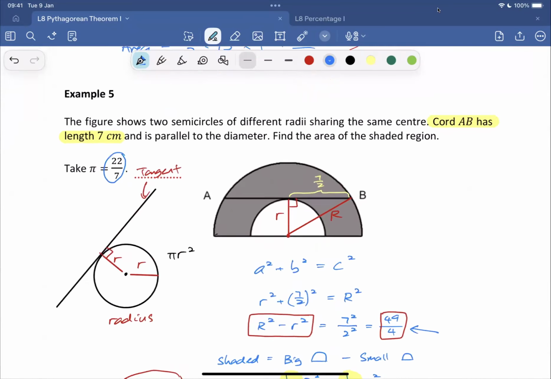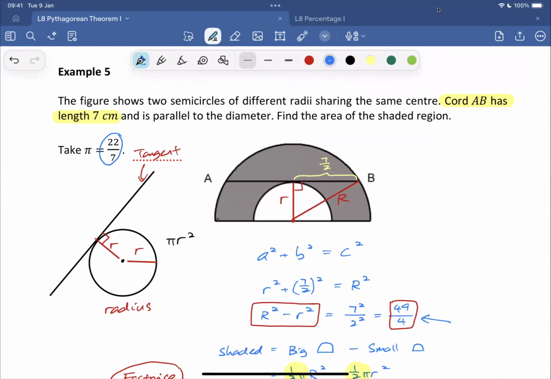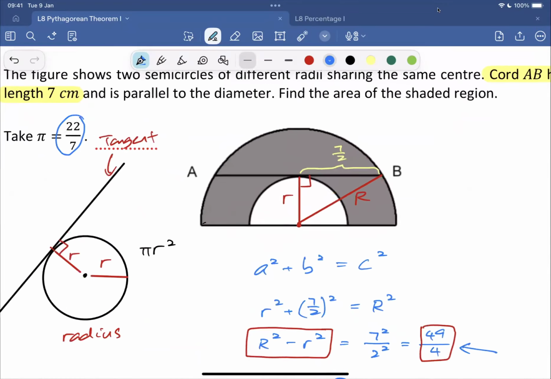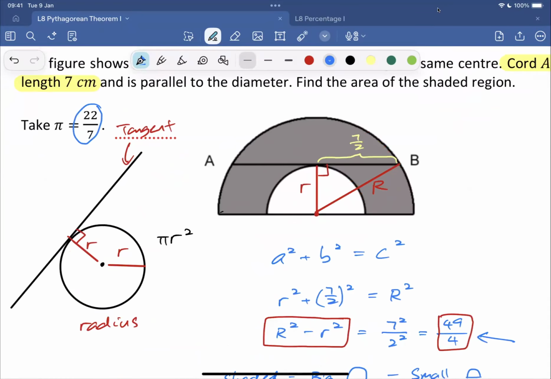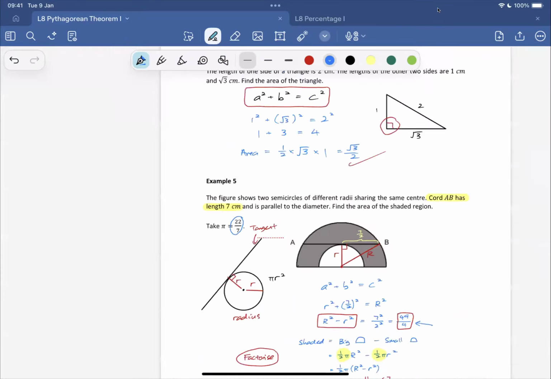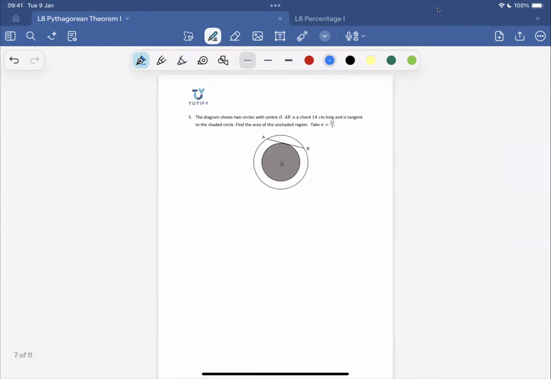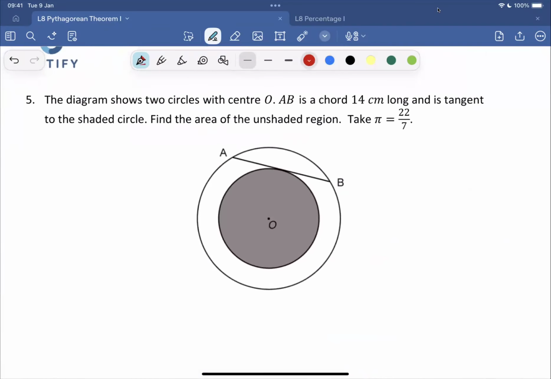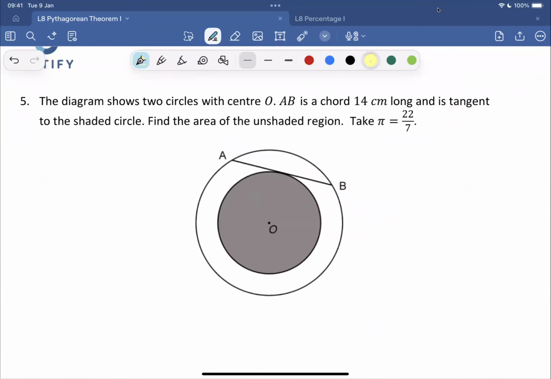Remember this? Remember tangent? Remember radius touching a tangent will give you 90 degrees? And we created our own right angle triangle here. So let's take a look at question number 5. Let's do the same. We can draw a line here. And straight away, you know that AB is a tangent. So you will have a 90 degrees angle.